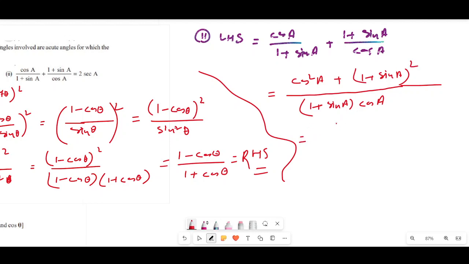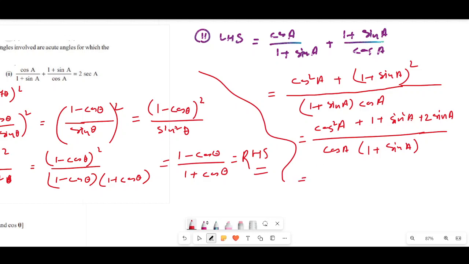Now we can write cos square a plus 1 plus sin square a plus 2 sin a, and cos a into 1 plus sin a.